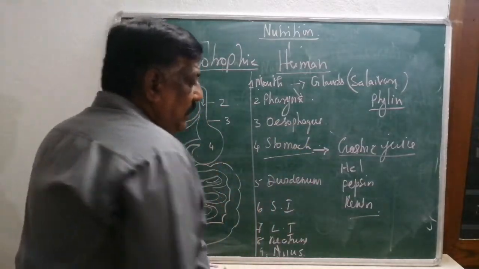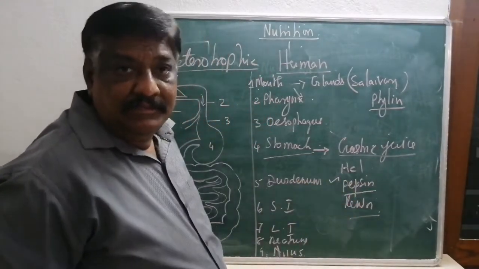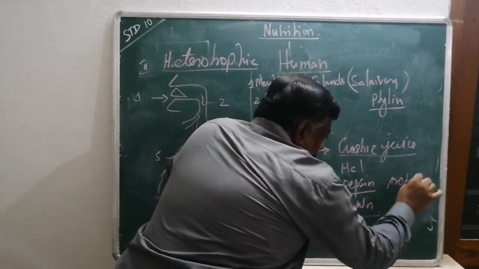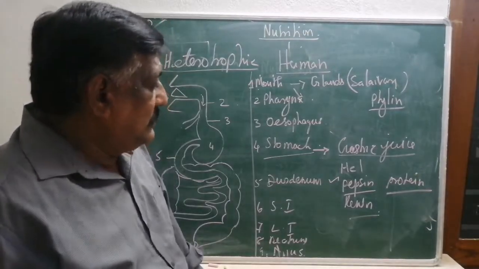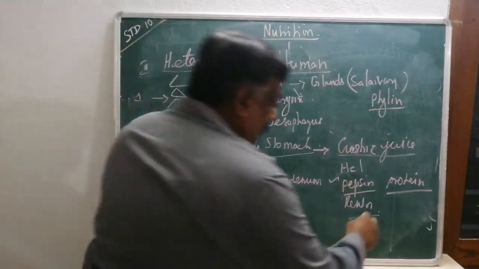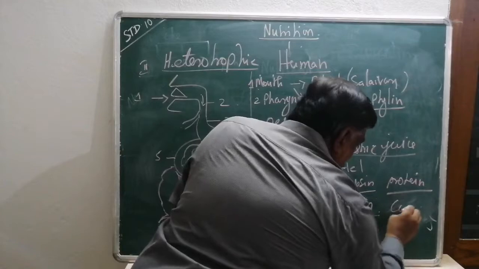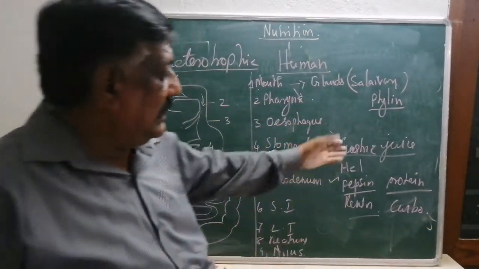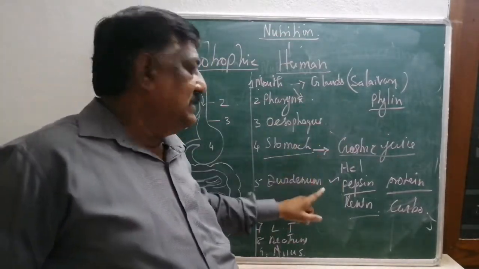Only in the acid medium does pepsin start to work. Pepsin acts on protein. So this is the process which takes place, and renin acts on the fats. Sorry, carbohydrate. So these are the chemicals, and apart from that, some lubricating juices are also secreted in the stomach.